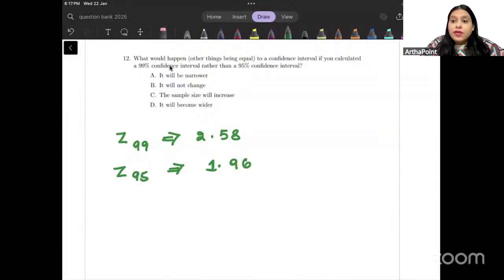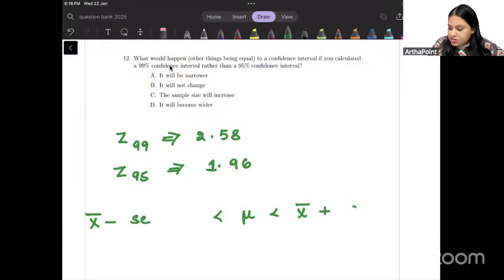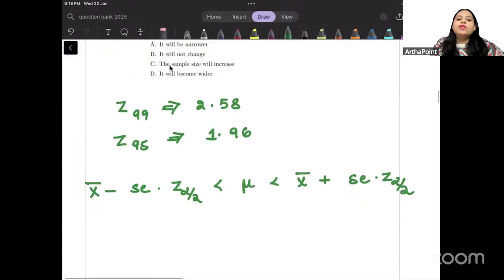So if I were to find the confidence interval of the mean, what will it be? It will be sample mean minus plus standard error into the value of Z.